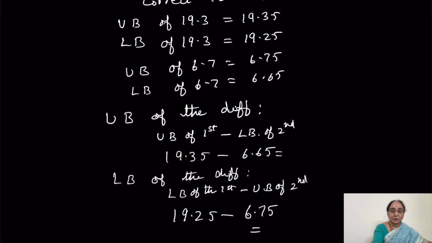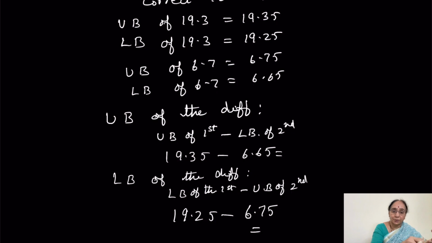Okay, so be careful. These upper bound, lower bound questions are quite simple. You just have to get the range. But when you are doing subtraction or division, you have to be careful. For subtraction, for the second number, the one that you subtract, you will have to supply the opposite.